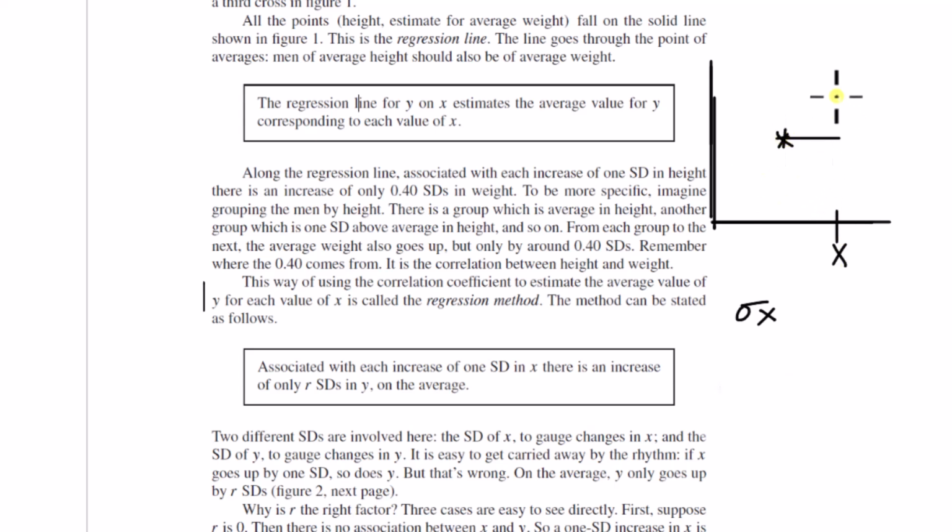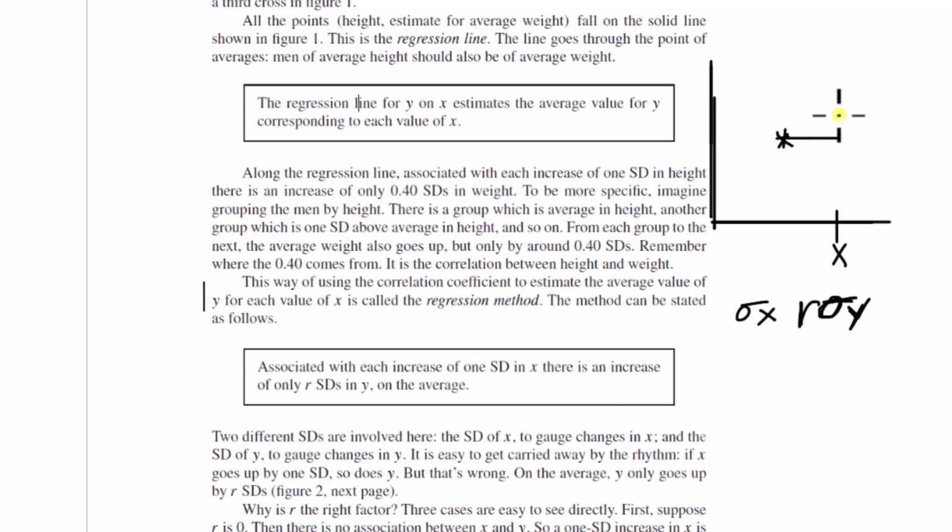The question is, how far up do we need to go to estimate the point of averages for this x value? However many standard deviations this is, we translate that to the same number of standard deviations in the y direction with respect to the y variable. But instead of going that full number of standard deviations in the y direction, which would put us on the SD line, we multiply by the correlation coefficient.